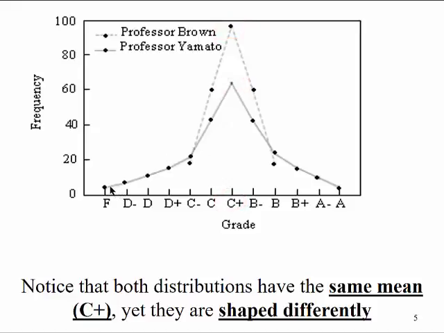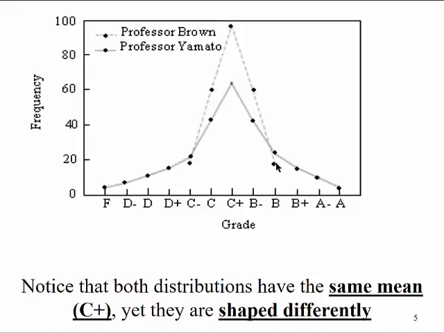Yet, if you look at the shapes, right, this is Professor Yamato, you can see the shape is very, very spread out. So in his class, people actually get grades all the way from A to F. And the average is a C+. If you look at Professor Brown's class, let's say it's a she, you can see that in her class, again, C+ is the average, but the distribution only goes from C minuses to B's, right?